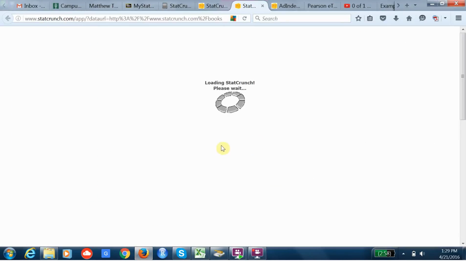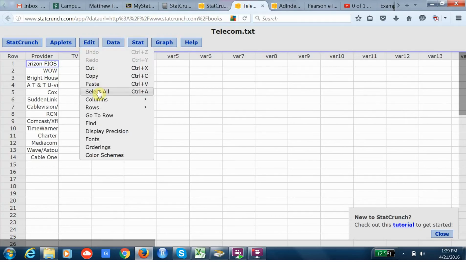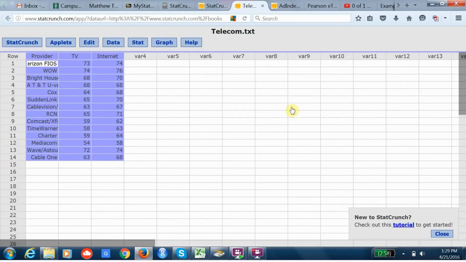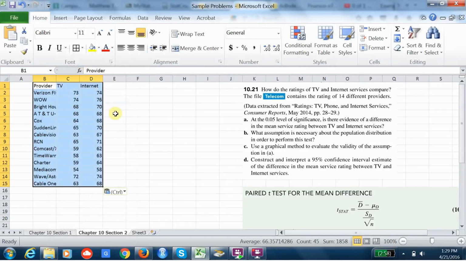So we'll click on that. Okay. And I'm just going to go ahead and copy and paste that. Okay. And so these are our ratings of TV services and internets for various providers, right?